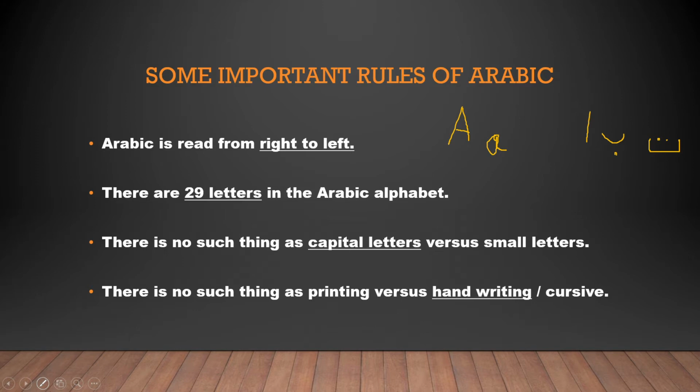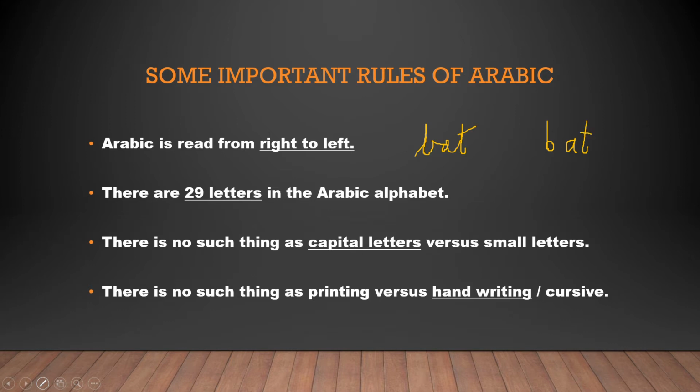Now, the fourth thing is there is no such thing as printing versus handwriting or cursive. So in English, when we write any word, for example, if we write bat, we have a cursive handwriting way, which looks something like this. And then we have the printing version, which is not cursive, and it is block letters, and it looks like this, bat.